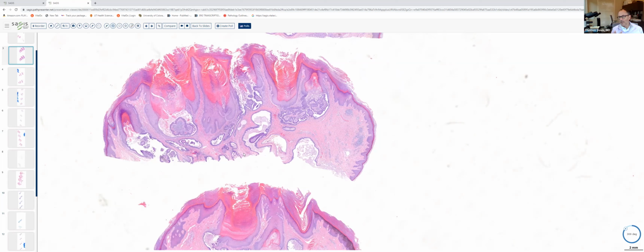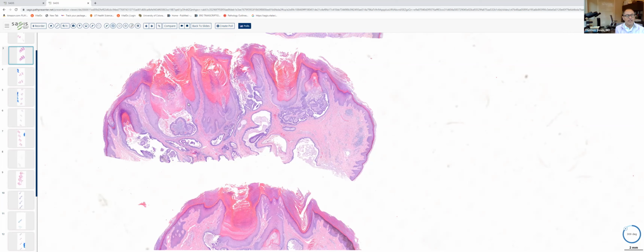And anytime you see elongated branching epithelial tubules in the dermis or subcutaneous tissue, in other words, in the skin, you want to think about the possibility of apocrine tumors. Apocrine tumors tend to have these elongated branching tubules.